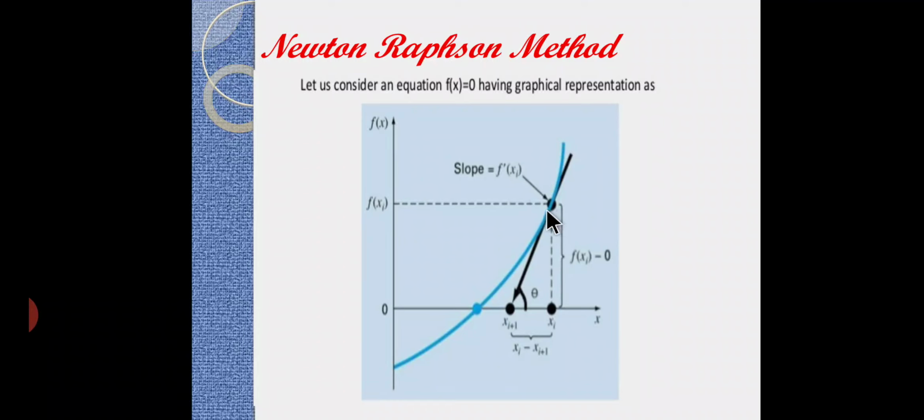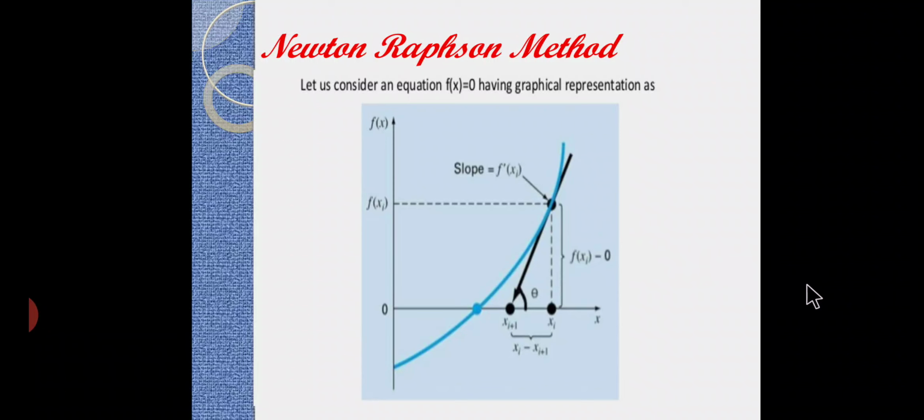We know the formula of slope, that is m is equal to change in y coordinate upon change in x coordinate, that is y minus y1 upon x minus x1. Here the point is x0 comma f of x0. We substitute the values: y minus f of x0 by x minus x0.